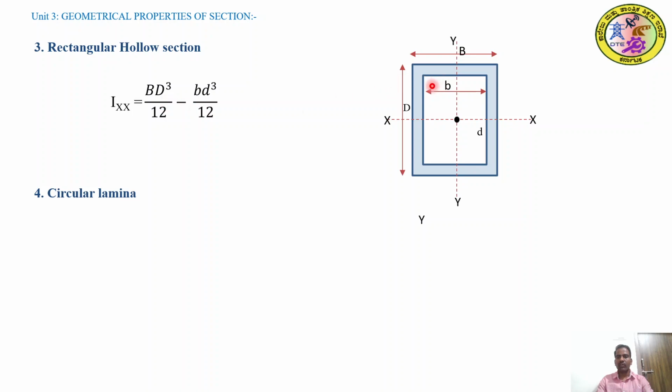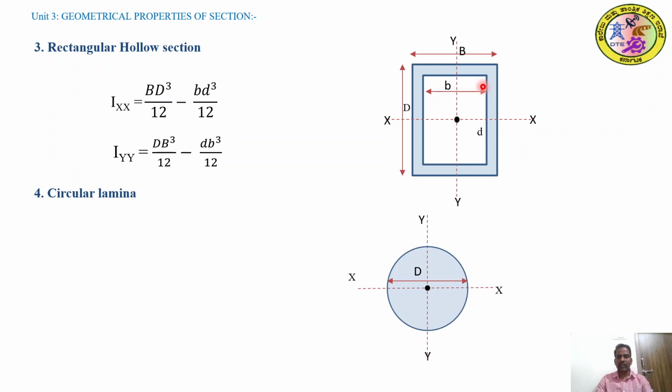Within that, we have to remove the removed portion of the rectangle, that is b d cube by 12. The interior dimensions are small b and small d, and as well as along the y axis, the moment of inertia in a rectangular hollow section is D B cube divided by 12, as well as in the interior hollow section, it's d b cube divided by 12.